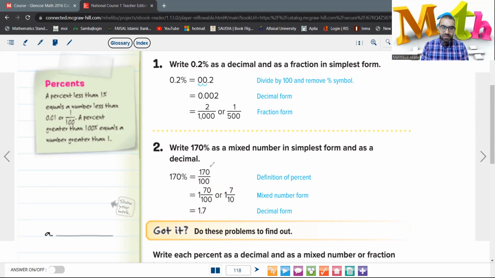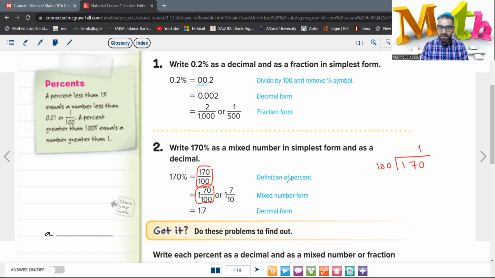Another method to transform the improper fraction into a mixed number is division. You can say 170 over 100 means 170 divided by 100. Of course, 1 is not divisible. Take 17. 17 is not divisible. Take 170.